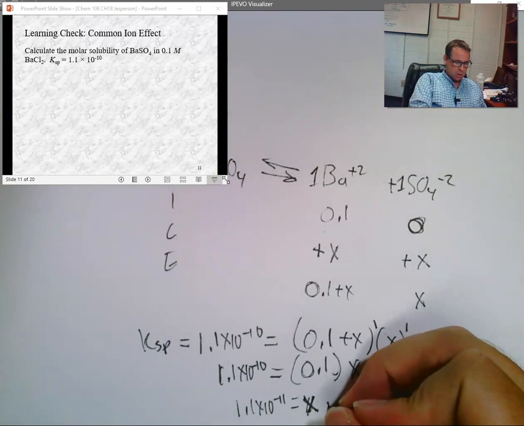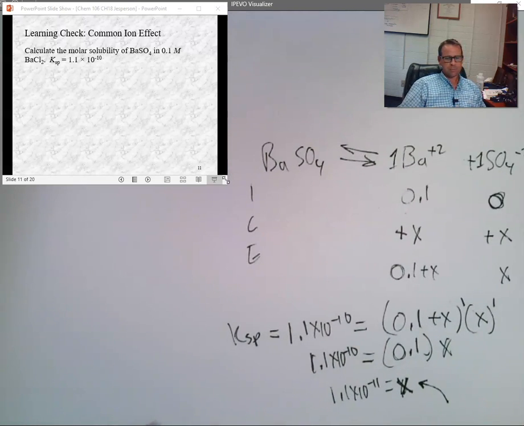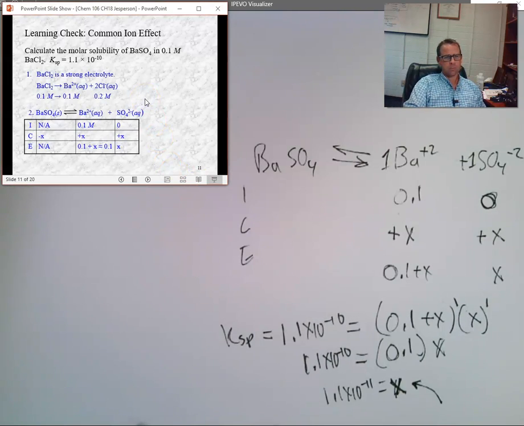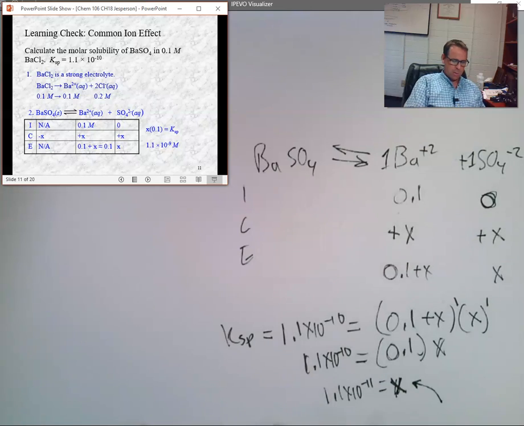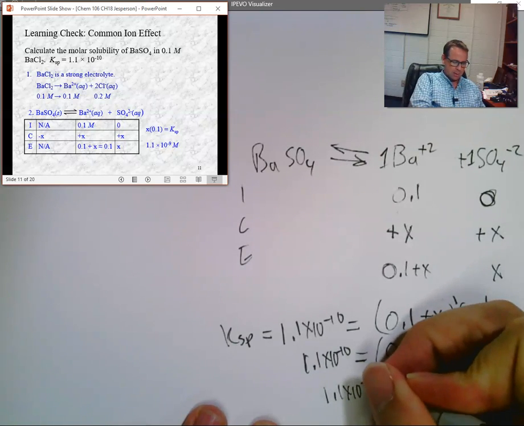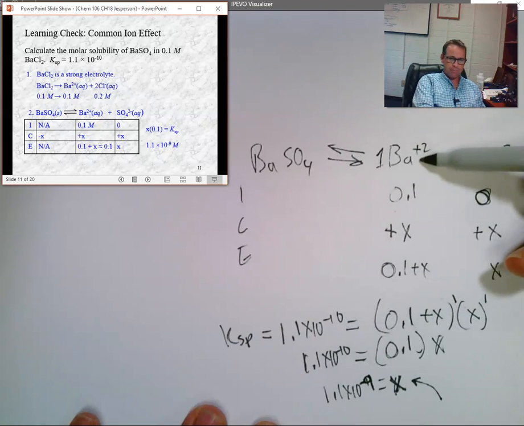How does this x relate to the resulting concentration of barium?